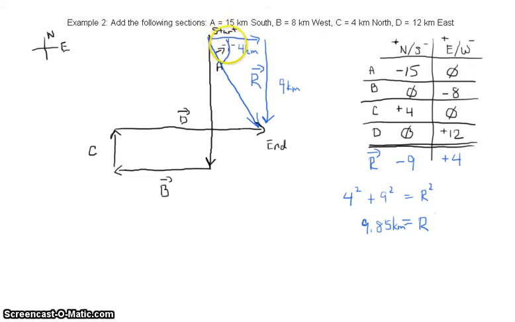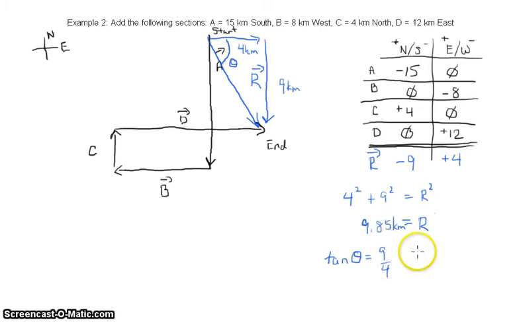Okay, now to figure out the direction, I'm going to use this angle here. Okay, measured from the east axis and turning south, so that would be south of east. So this is going to be tangent of my unknown angle theta. I'll mark it in here so you guys can see that. That would be theta. 9 would be opposite to that. 4 would be adjacent, so it would be 9 over 4.